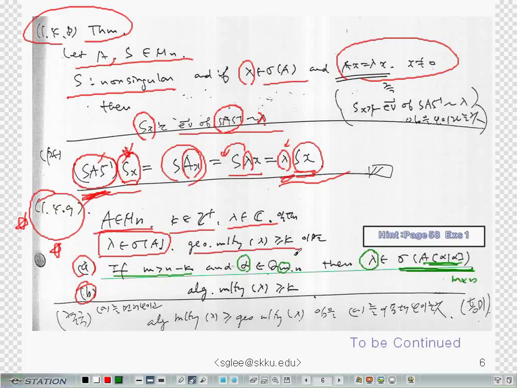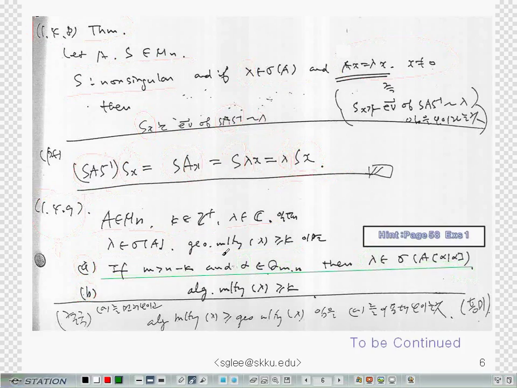This part A also can be shown by the knowledge that we have.